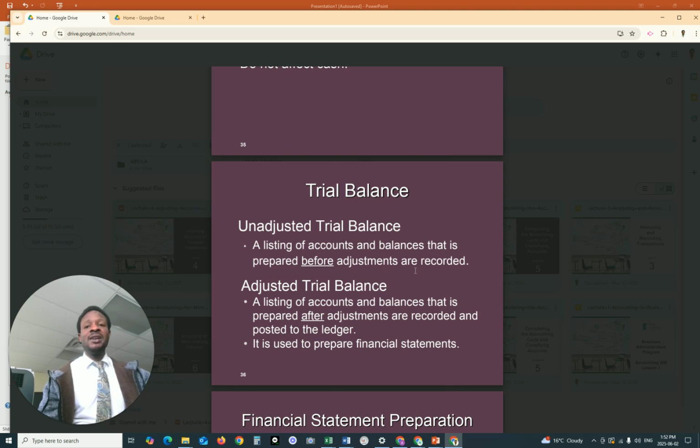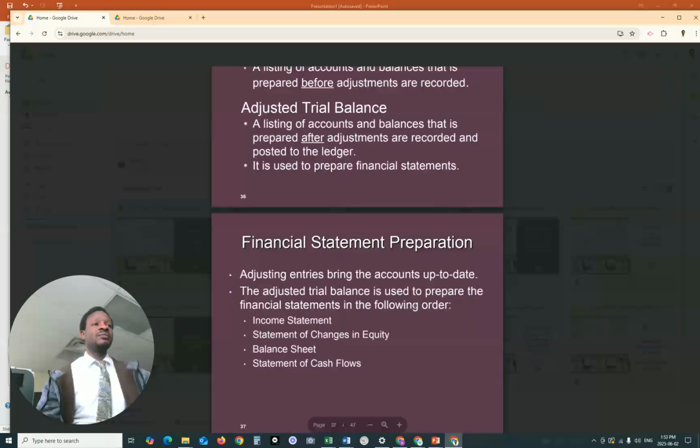But adjusted trial balance is the one that is prepared after you have adjusted the accounts. We just talked about the adjustments. So the trial balance you prepare before the adjustments is the unadjusted trial balance. And as the name suggests, adjusted trial balance, on the other hand, is the trial balance you prepare that takes into consideration the adjustments you have made.